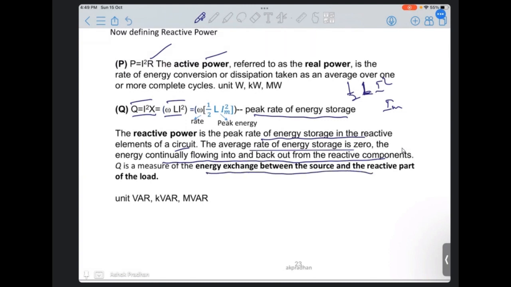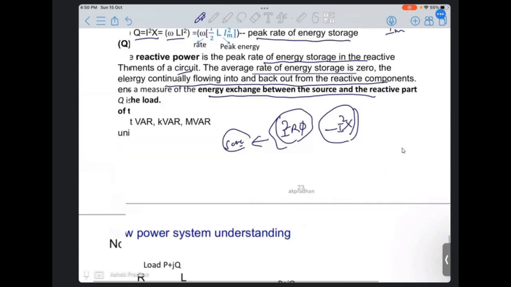But what we saw is that when the exchange happens in the negative half, we talk about minus I square X, but at that time the resistance takes I square R. So this goes to the source. Yes, it exchanges energy with the source, but since the resistance consumes, the source receives less than the I square X.